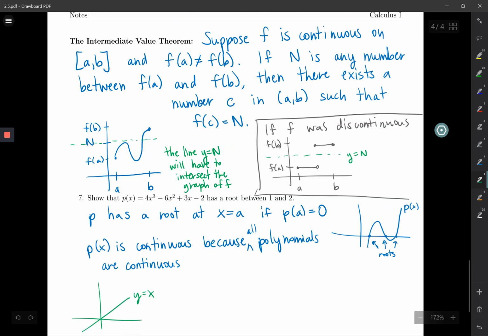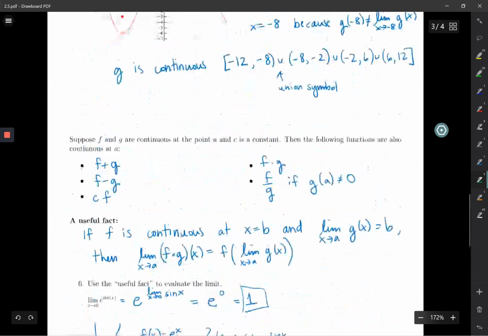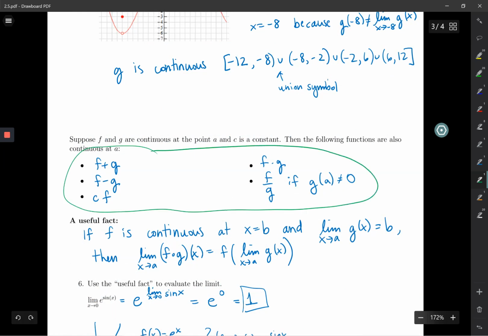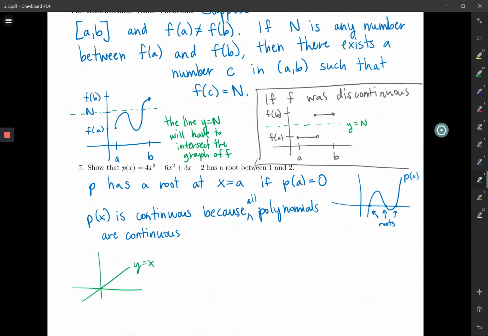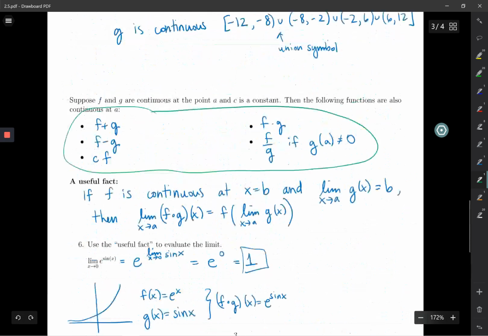And then, using these facts, we can create any polynomial just from y equals x and a constant. We can create something that looks like this, right? And since each of those pieces is continuous, the whole thing is continuous. So it's not too hard to prove that all polynomials are continuous.